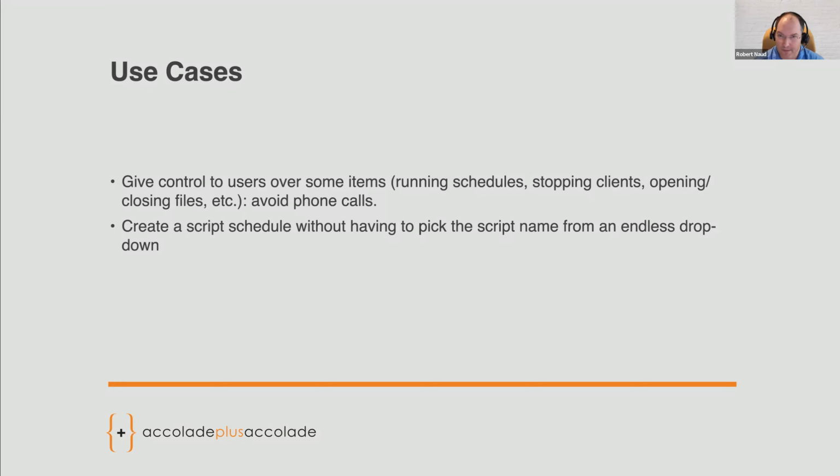So a win-win. And also, we have another use case where we can create a schedule without having to pick the script from an endless drop down. So just a little nudge to the console.